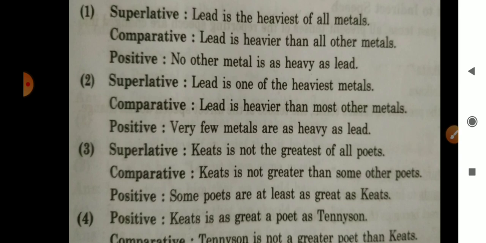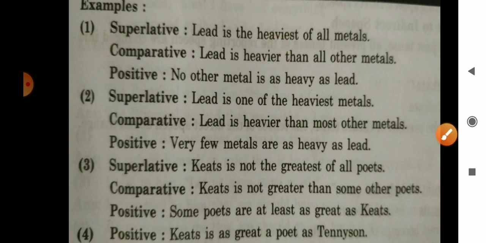Then if we want to compare this metal, lead, with other metals, then we know about it: heaviest, heavier, and we have to put "than" to make a comparison. So lead is heavier than all other metals.